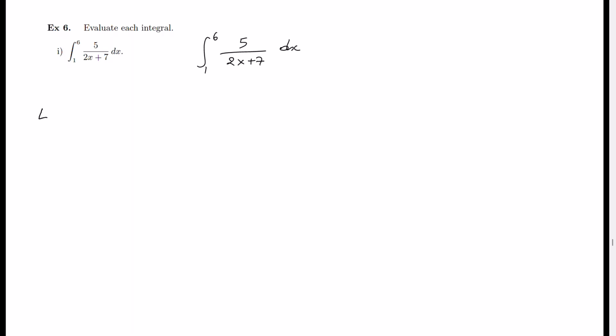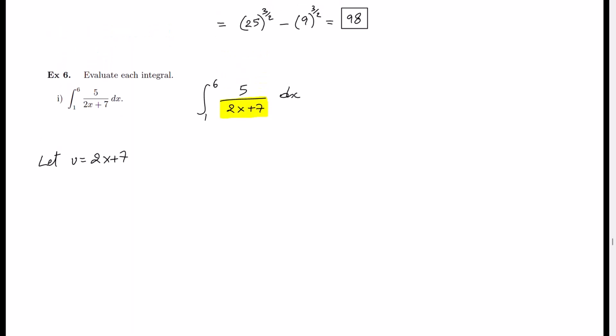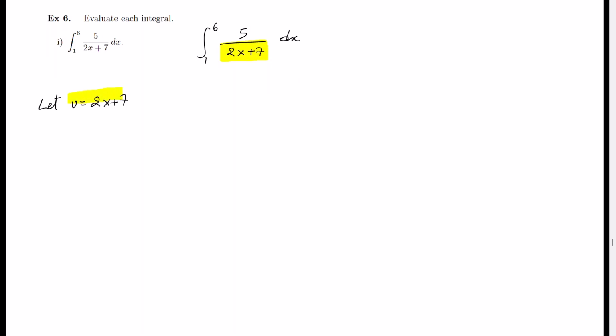The first choice I have to make in this problem is to decide what the u in my problem should be. I have a problem with a fraction, so I need to make the full denominator most likely my u. We don't know if that's going to work until we try, but it seems to work about 99% of the time in this course, so that's usually what you're going to do.